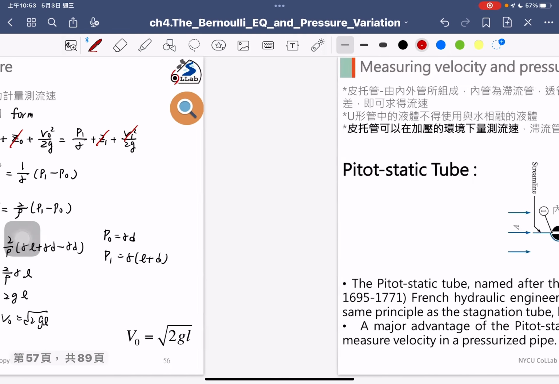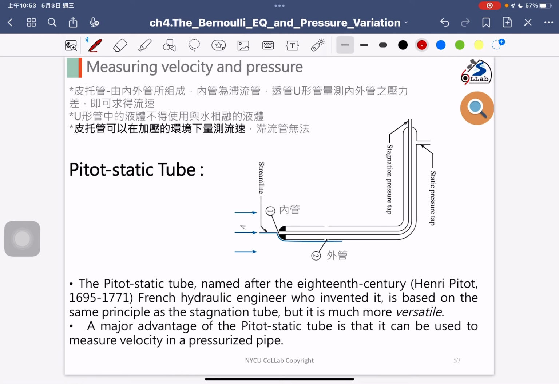Okay, and the second device is very famous, and we call it the pitot tube, 皮托管. If you look at the pitot tube, we distinguish two pipes: the inner pipe and the outer pipe.